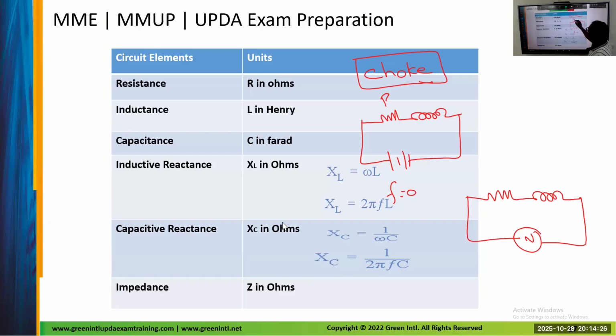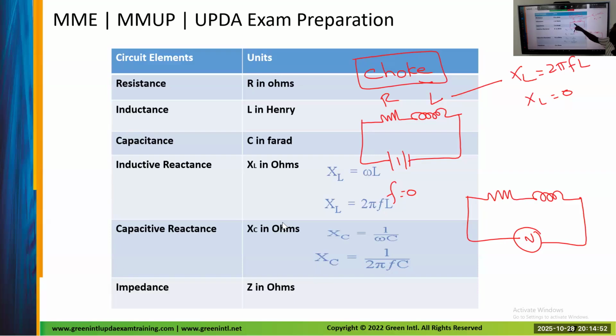Here it is R, here it is L, and the L becomes XL. XL is equal to 2 pi FL. F is equal to 0, that's why XL is equal to 0. So physically resistance and inductance are present, but it behaves as a pure resistance because the inductor becomes a short circuit.